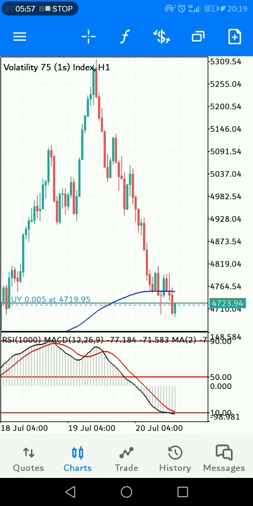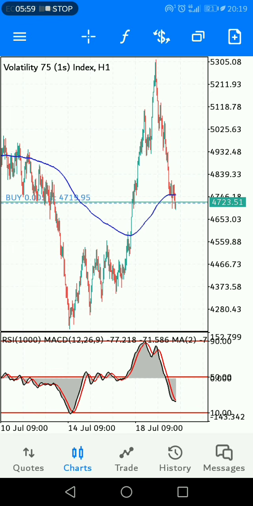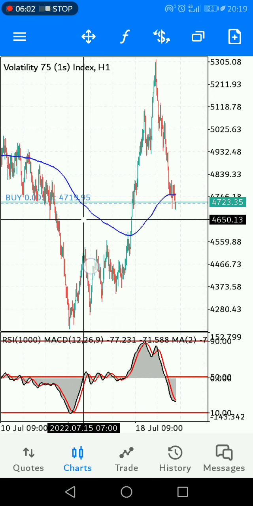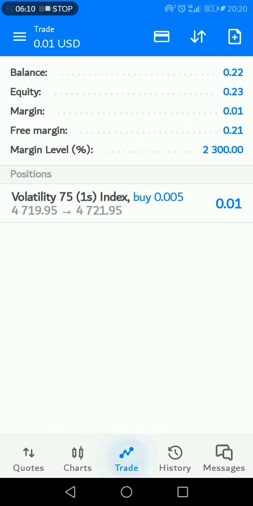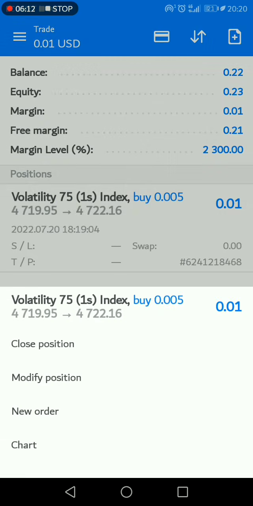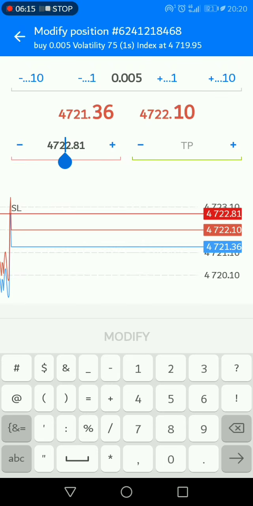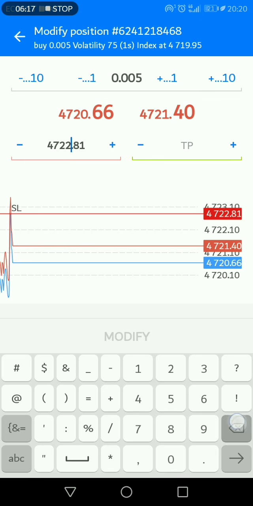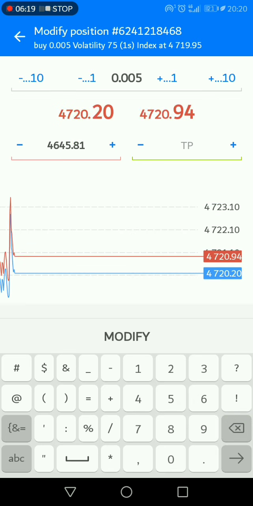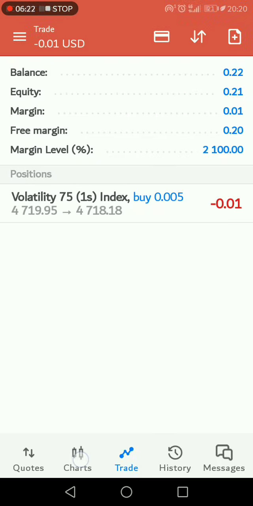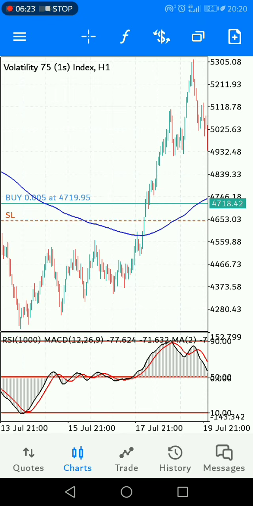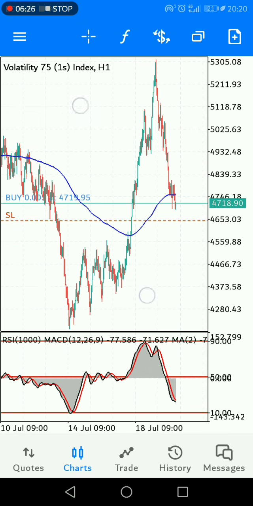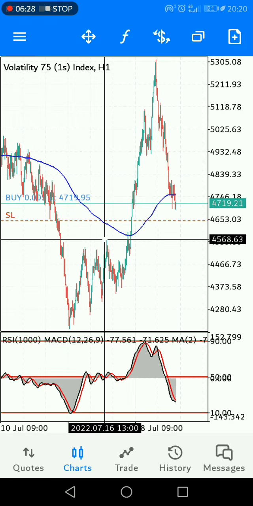So this is the trade right here. I'm just going to put my stop loss just below this point, and then I'll put my take profit above. So let me do that. Let's go to modify the trade. Let's modify the position, and I think this was 46.45. Now I have my stop loss, as you can see right here, and then I will have my take profit right at this point.